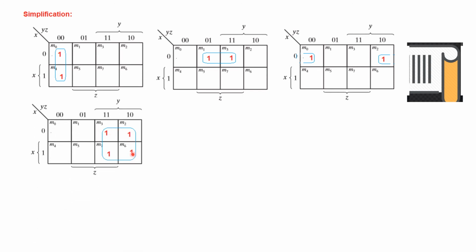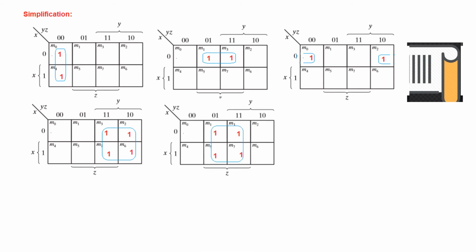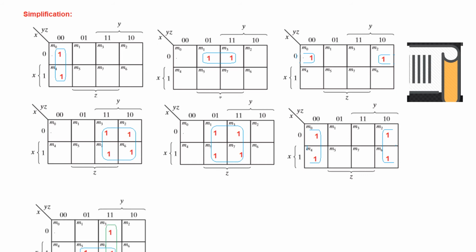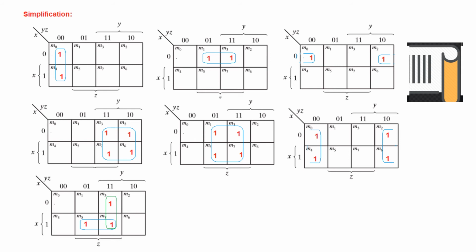Here are 4 that can be shared. These 4 can also be shared. And these 4, 2 from here and 2 from the right hand side by folding. So these can also be shared. If we have 3 like this, then still we have to make pairs.